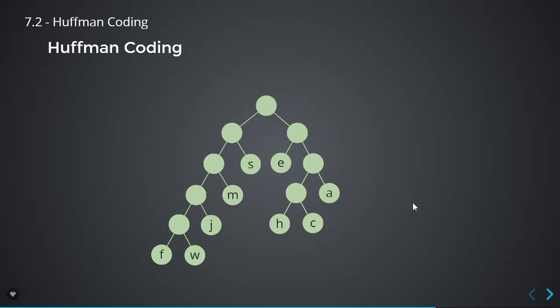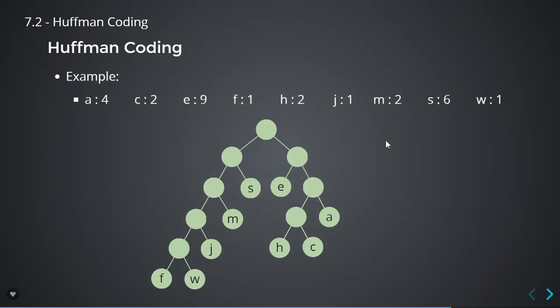And I don't really care about the weight right now. So that is your decoding tree. Or I guess you can also get the encoding from this tree. If you want to get F, then you have to go left, left, left, left, left. So that's actually 0, 0, 0, 0, 0.